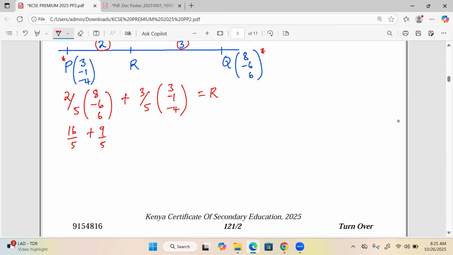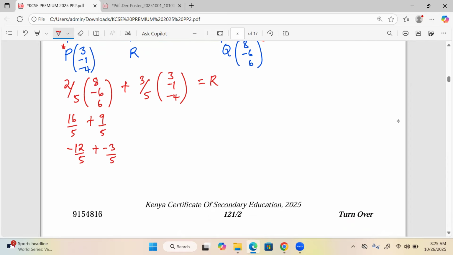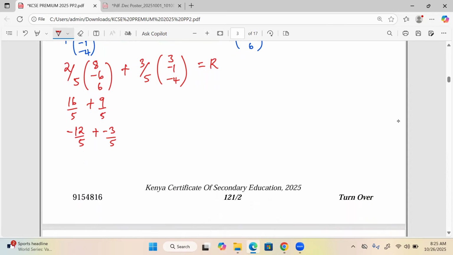We proceed. -12/5 plus -3/5. That should give us the y component. Then the z coordinate shall be 12/5 minus 12, still over 5.